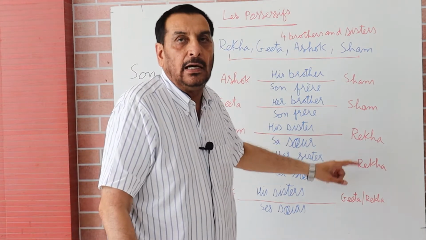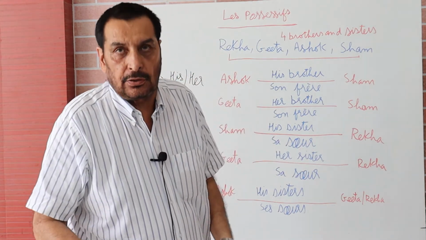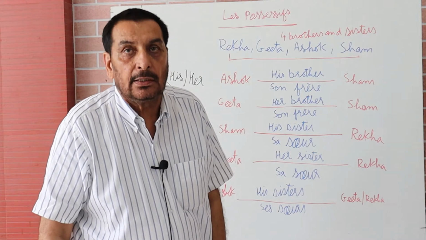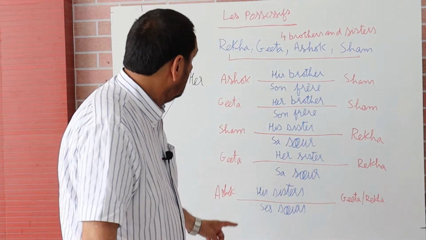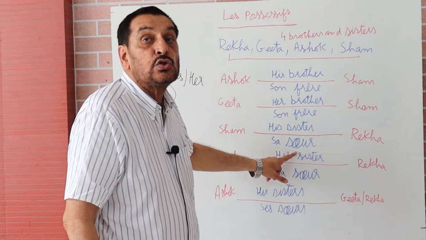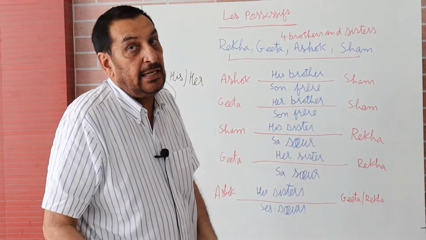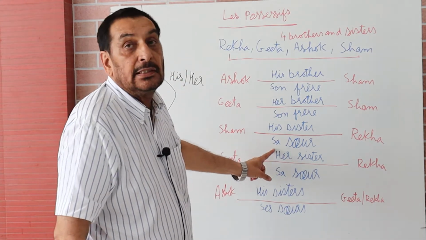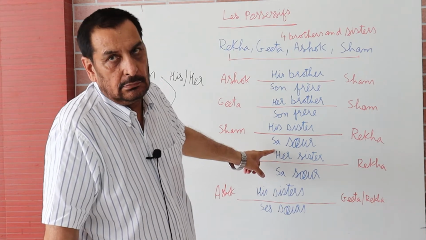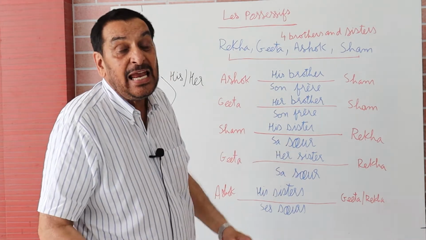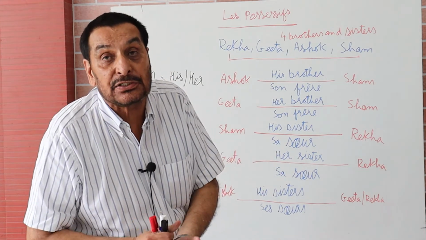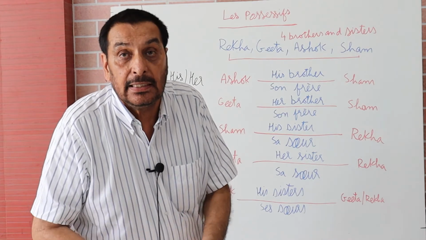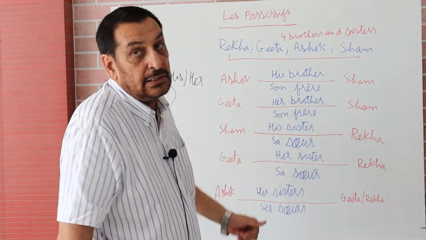Sham, Rekha, his sister. Odi bhaian, uski bhaian. Sa, sœur, same, because sa is Odi, uski. It's same, 100% same like in Punjabi and Hindi. In English it differs.